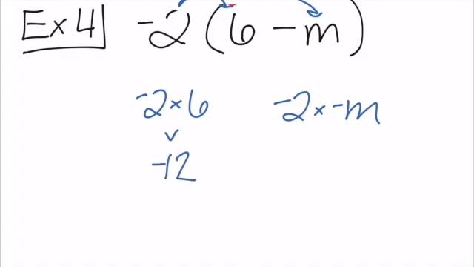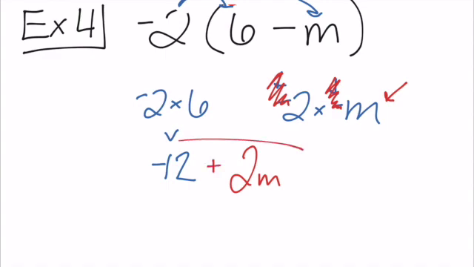A negative times a positive is negative. Negative 2 times negative m, well, the two negatives cancel each other out. They go away. They turn into just normal numbers. 2 times m, we can only say is 2m, because no one told us what m is. And it's a positive, because there's no more negatives. So this is what my answer looks like. That is a challenge question.